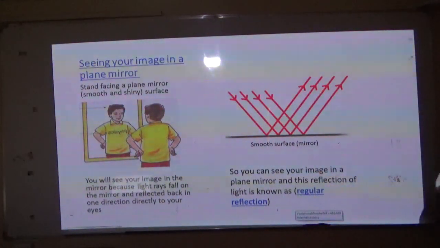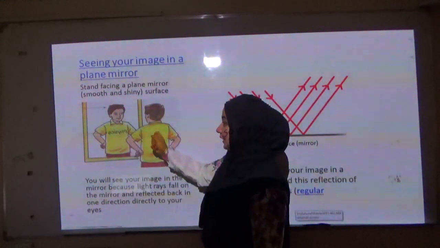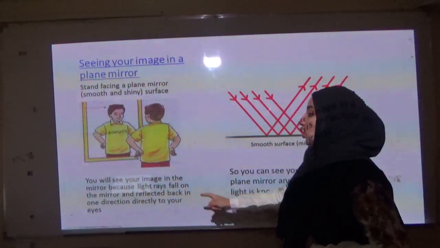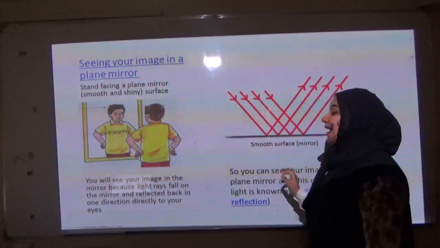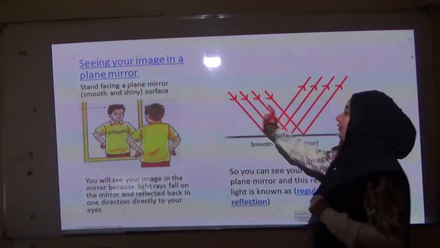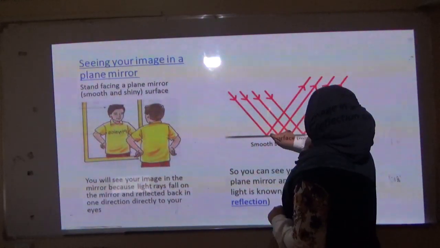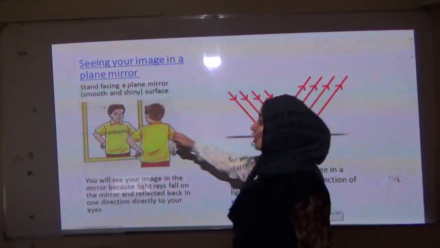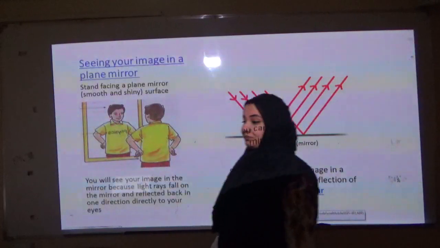What will happen? You will see your image in the mirror. Why will I see my image in the mirror, like this boy standing? Because light rays fall on the mirror and are reflected back in one direction directly to your eyes. The light falls on the mirror and then the light becomes reflected to your eyes so that you can see yourself.